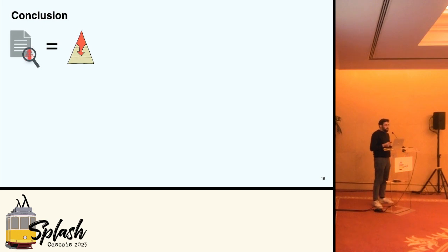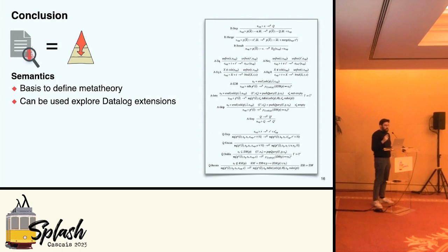To conclude, to identify and fix a bug in a Datalog program, we need to follow the top-down stepping order. To define the semantics of this debugger, we defined small-step operational semantics, and again, I invite the PL community to use this as a basis to define metatheory and explore new Datalog extensions.